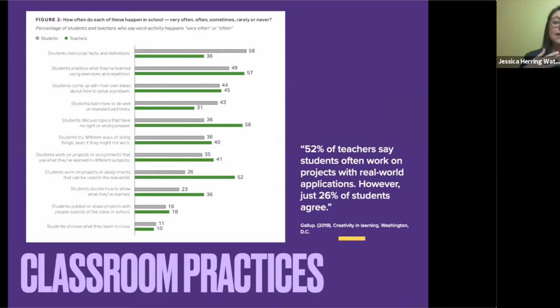Students don't perceive the kinds of assignments they're getting on technology as creative or having the same level of real world relevance as teachers do. They're seeing it much more as drill and practice, repetition, test focused. So I think that's a really interesting difference in perception between teachers and students.